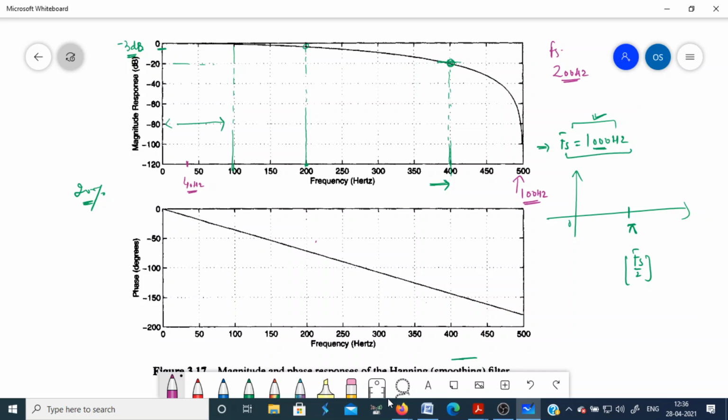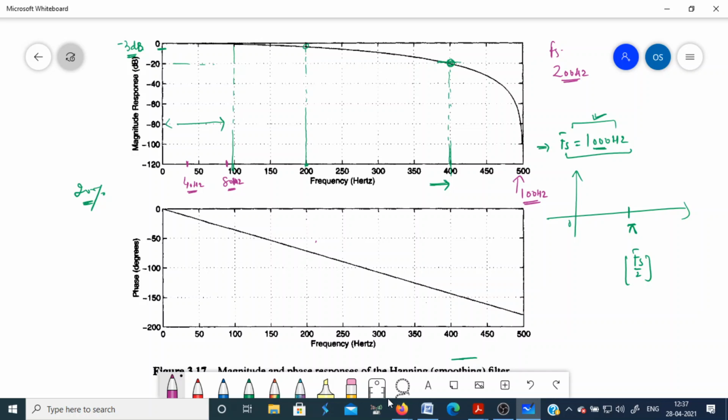Or 40% of this will be 80 hertz. It means frequencies beyond 80 hertz are attenuated by more than minus 20 dB gain in that case. Of course, the plot will be different in that case.